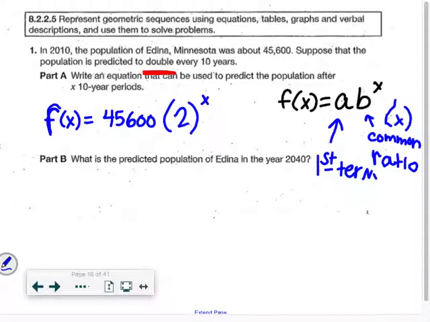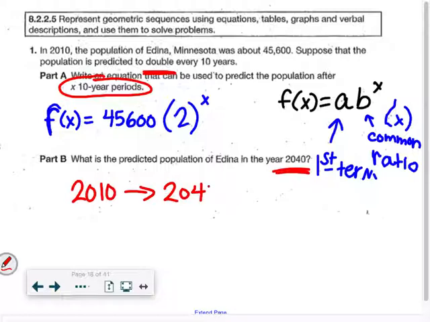Now, what is the predicted population of Edina in the year 2040? This is our tricky question. So the year 2040. Well, x represents 10-year periods. So 2010 to 2040 is how many 10-year periods? So 2010 to 2020 is 1, to 2030 is 2, to 2040 is 3. So this is 3 10-year periods.